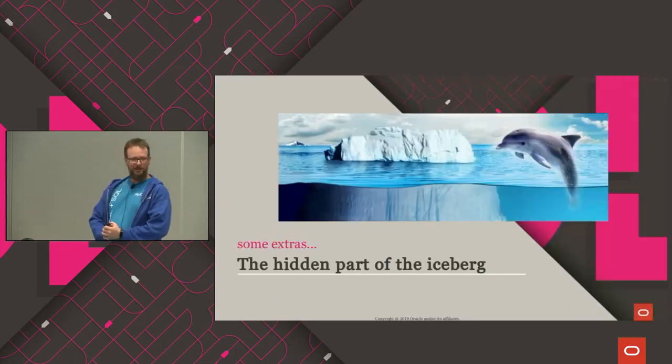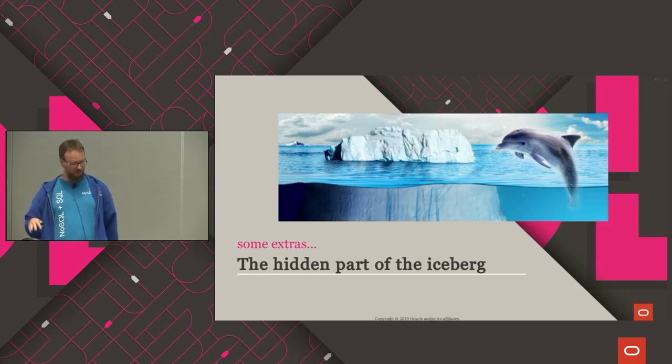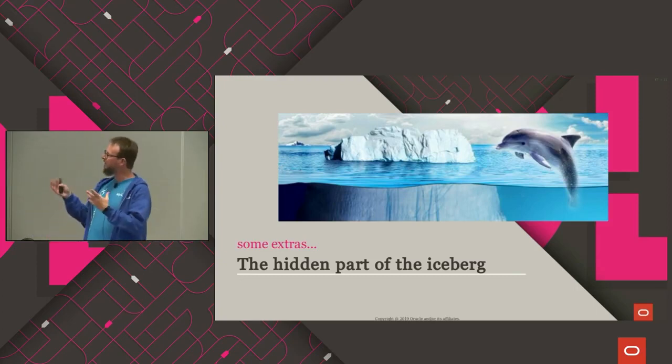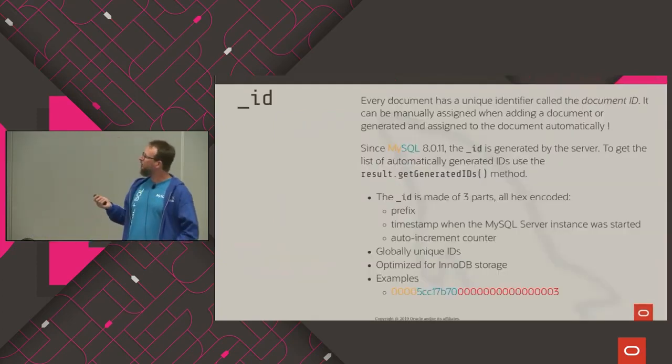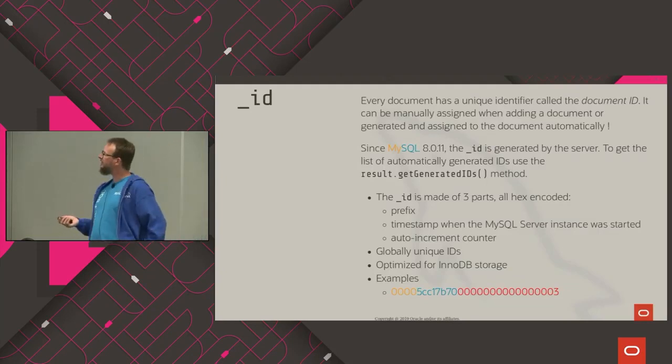So let's go more extra on it. So let's see what's behind this. How far can we go and why, how do we build this solution, right? The first thing is that every document has an ID. This ID is auto-generated, or you can also force it if you want.